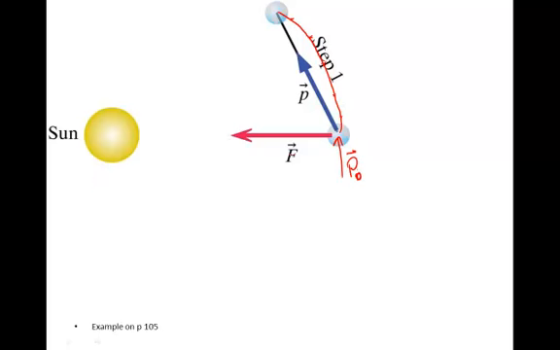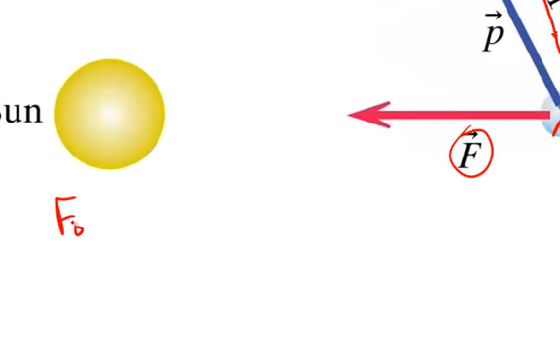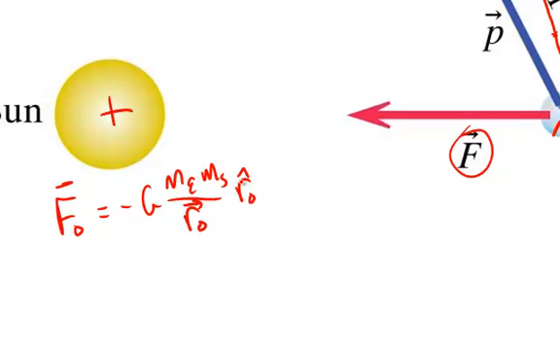So the first thing we need to do is calculate what this force is at 0. Let's call that F0, and we would use negative G m Earth m Sun over the radius at 0 squared. We're just going to assume that the Sun is at the origin, and it's going to be R0 hat. So that gives us our initial force.